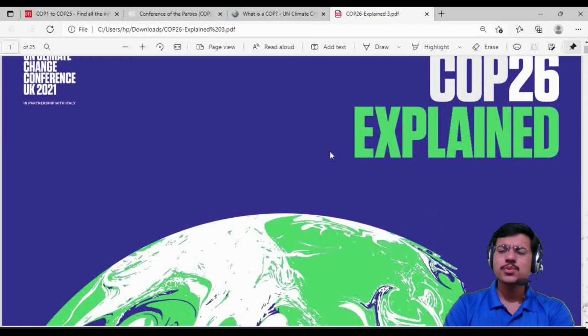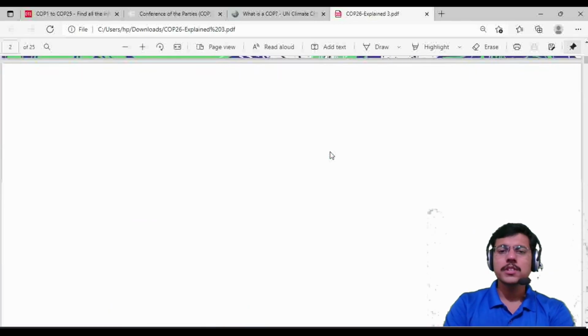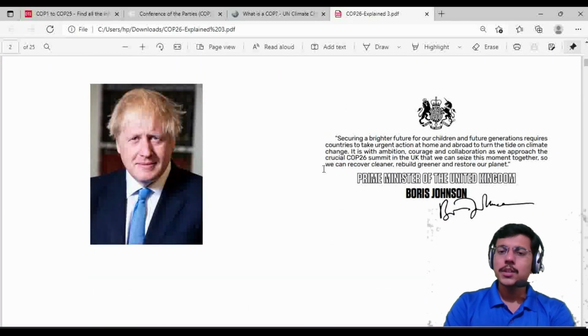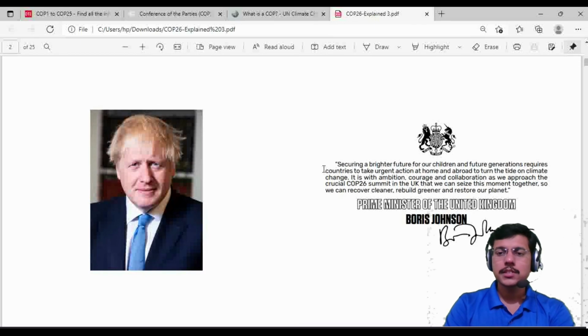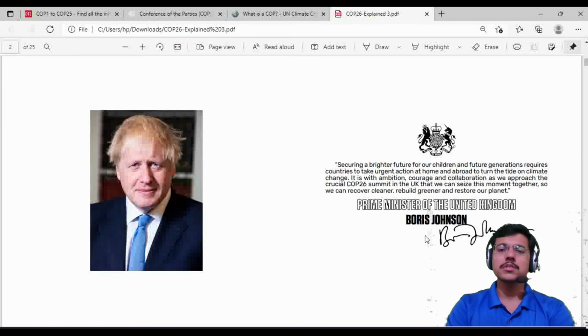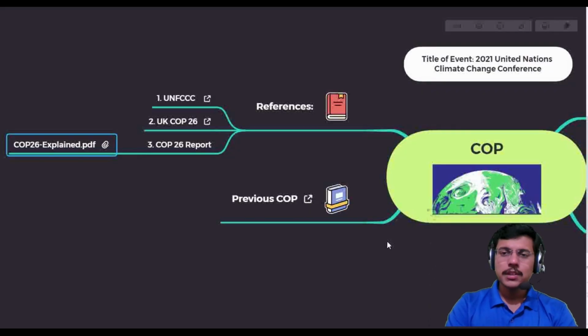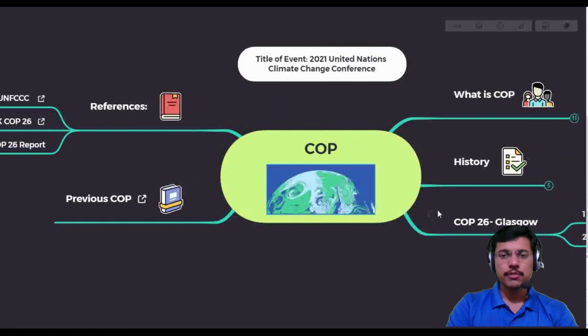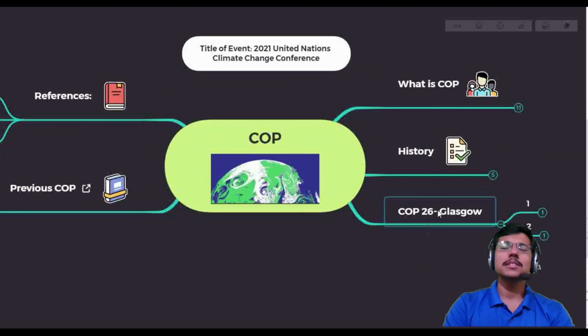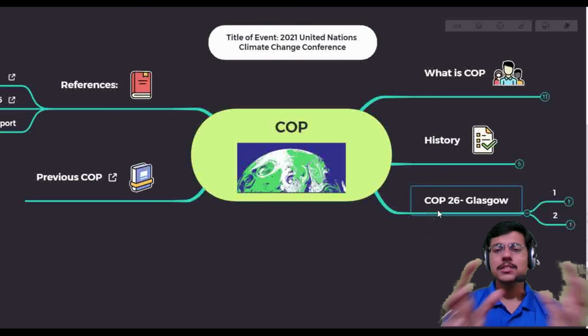It is a 25 page report, COP26, and as the UK is hosting these discussions, you can see the Prime Minister of the United Kingdom, Boris Johnson's message, and all the details are there. So I would be really happy if you go through all these references. It will give you more insights, more understanding regarding these issues.